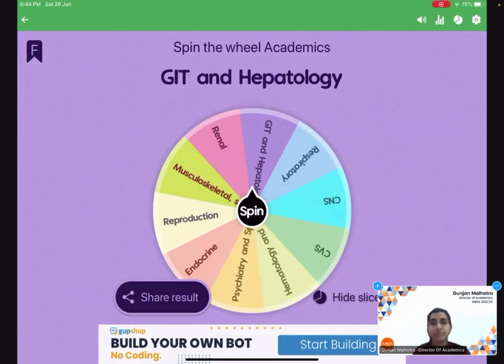Which of the following is not false regarding chronic mesenteric ischemia?